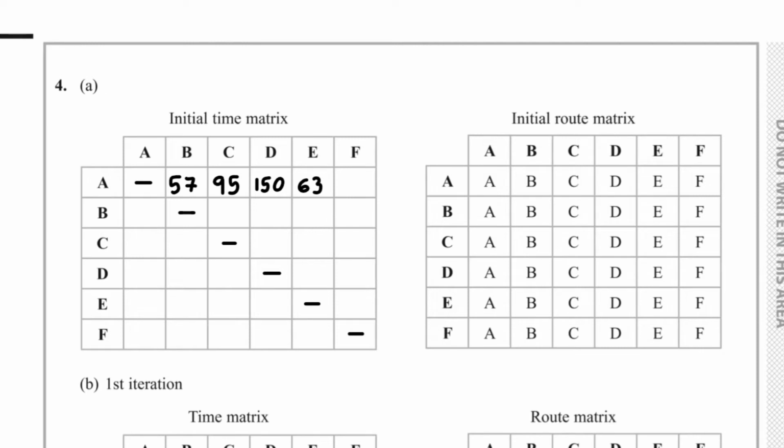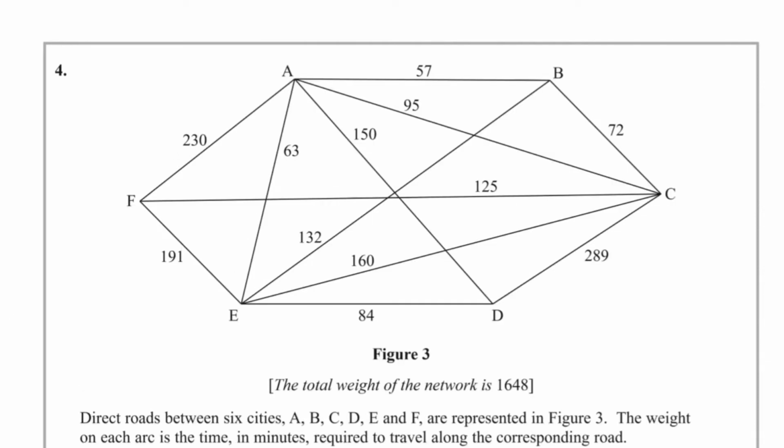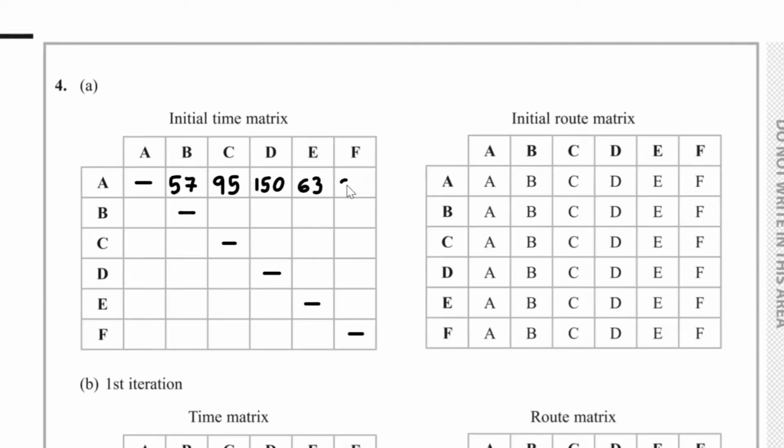A to F, that's 230. Now we'd have the same thing going down column A. We have 57, 95, 150, 63, and 230.